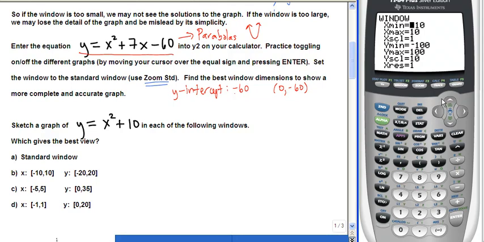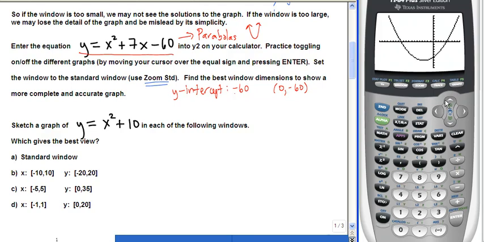You can experiment here a little bit if you wanted to just go with -20 and keep that x max at 10, that would be fine. And you can always come back to this window and adjust as necessary. So let's hit graph. And now we can see exactly where that x-intercept is on both sides, and it has this typical U shape that we would expect for a parabola that points up.